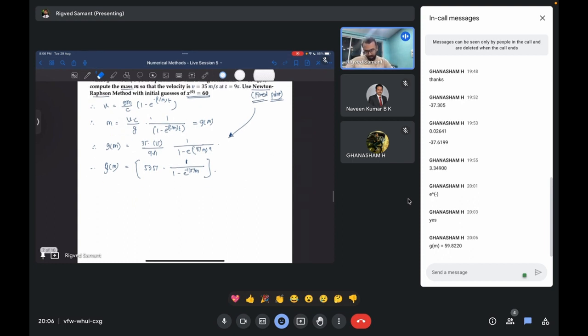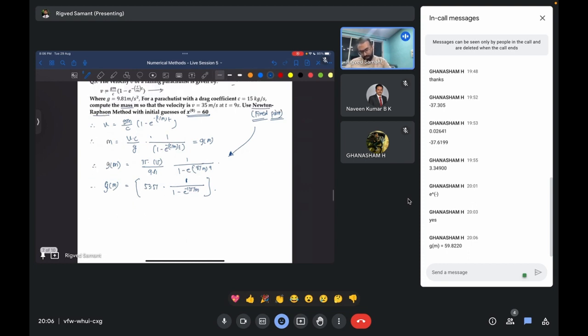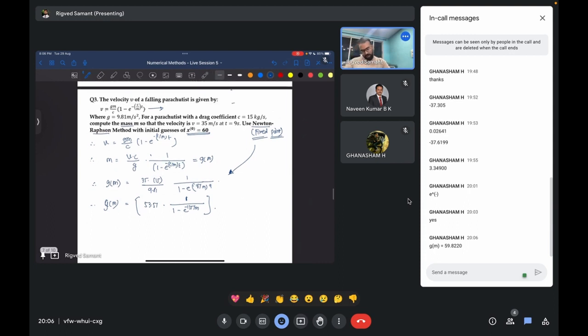You have a g of m, and now you have an initial guess, and then you can go for the solution. Correct, you are going correct. You have to go till the third iteration, right? Velocity is velocity, they have not given anything, so try to solve it till at least the second iteration.